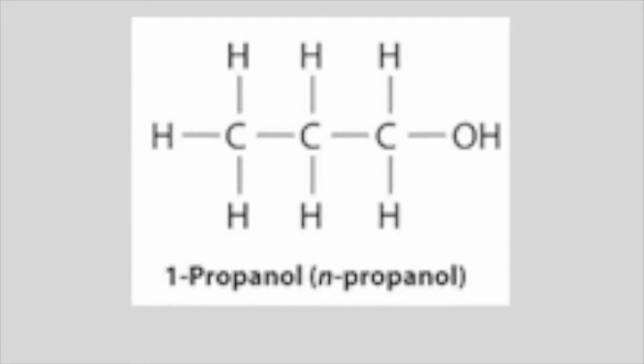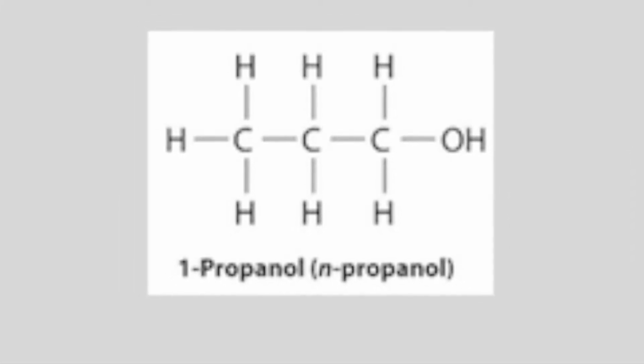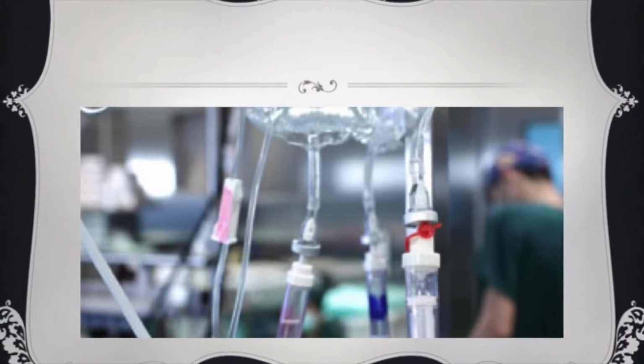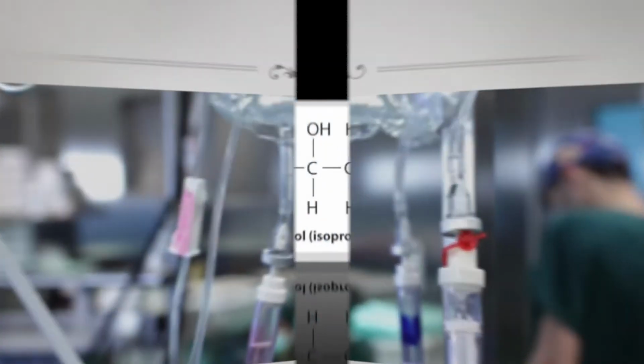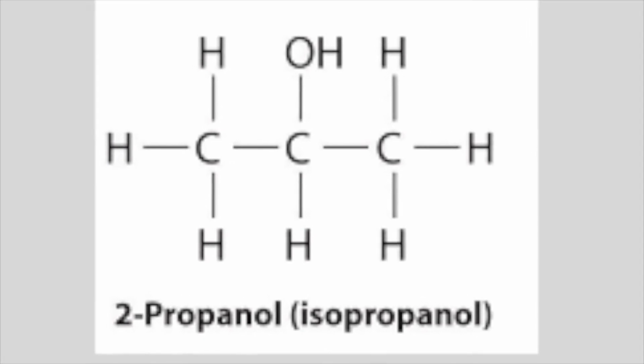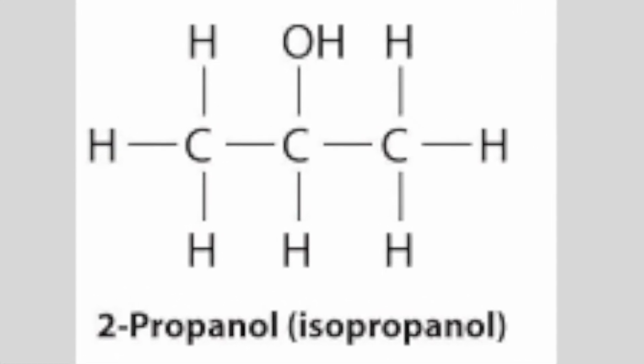Let's take a look at some everyday uses of these products. 1-propanol, the minor product, is used as a solvent in the pharmaceutical industry. 2-propanol, the major product, also known as isopropyl alcohol, is also used as a solvent in industrial processes.